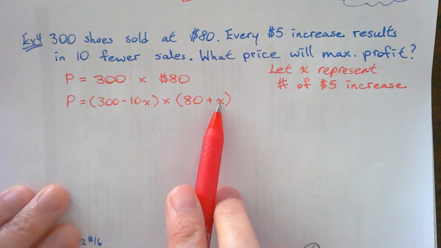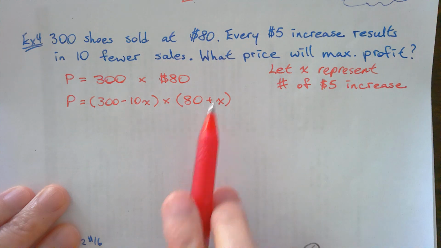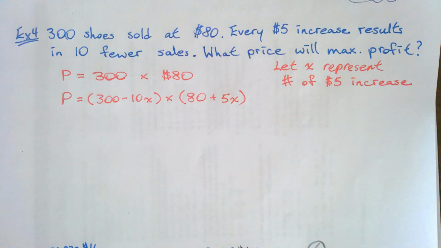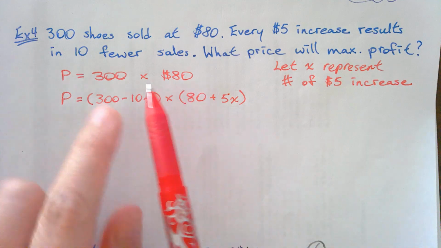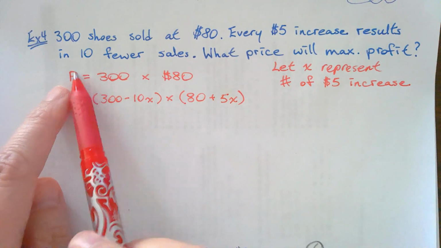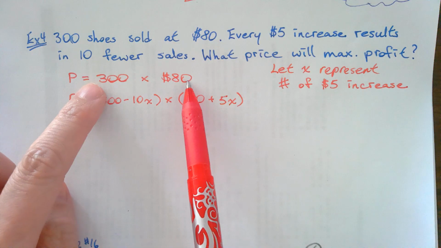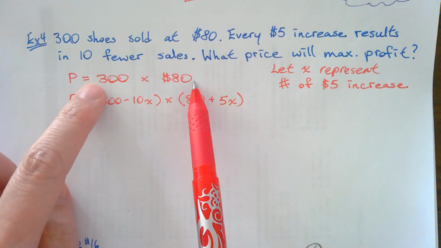Okay. So, Jaden, what we were saying, do you understand this line? So 300 shoes times $80 per shoe to get the profit.